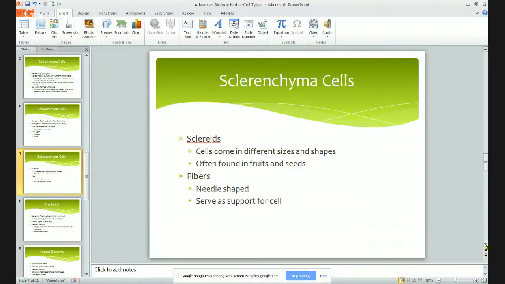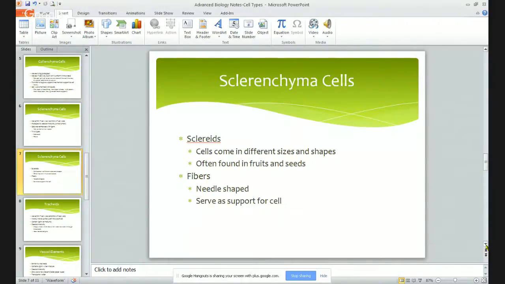Think of the hard outer coating that seeds and nuts produce on the outside. That gives you a real-world application there where you're going to see it.